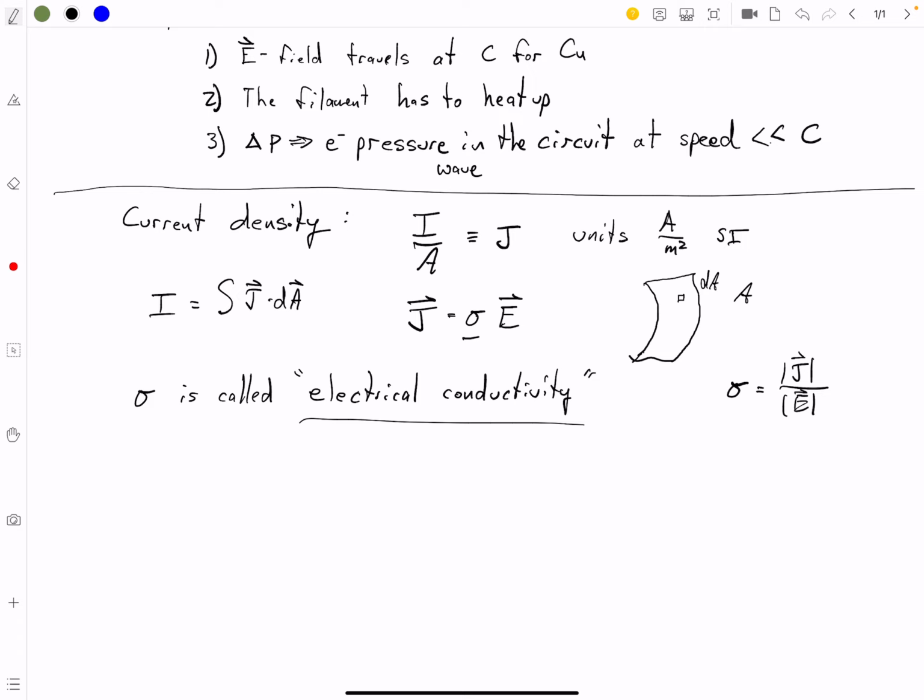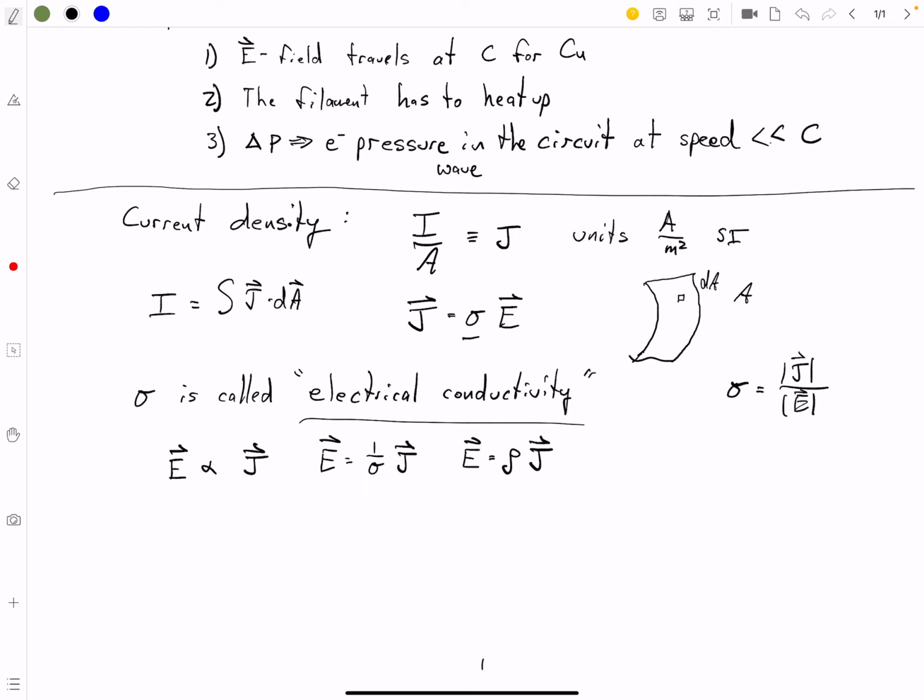Now, stemming from current density, by the way, we can rewrite the equation as E being proportional to J. Well, what's that proportionality constant? It's actually obviously 1 over sigma, right? But we could call that a different name, and I'll tell you why in a second. We call that rho.